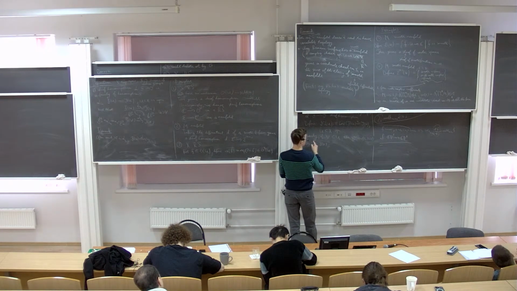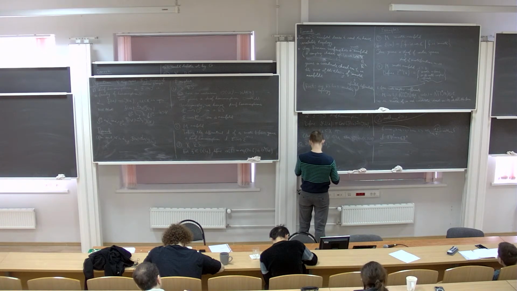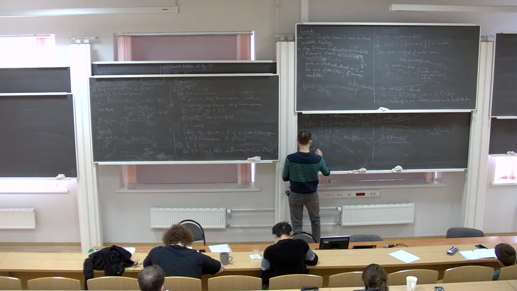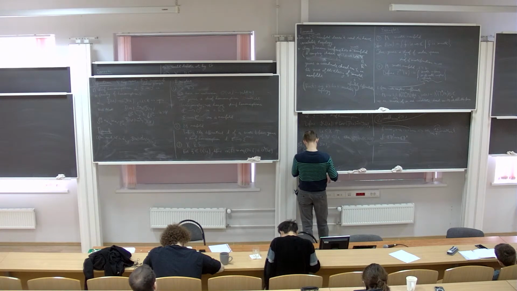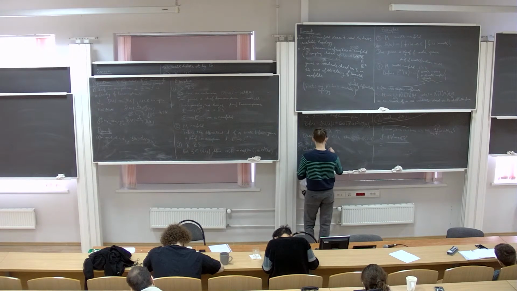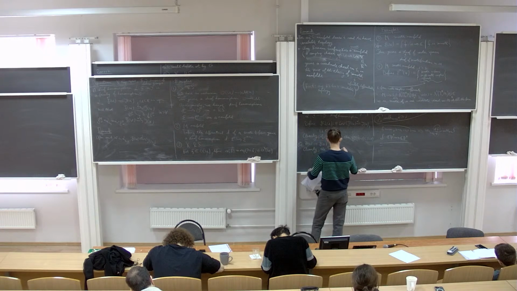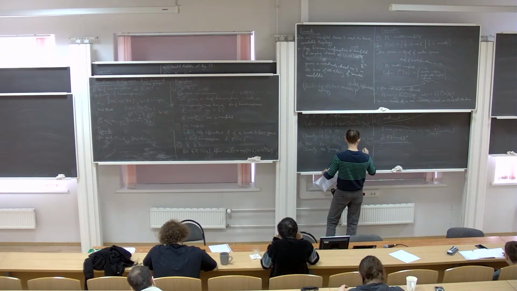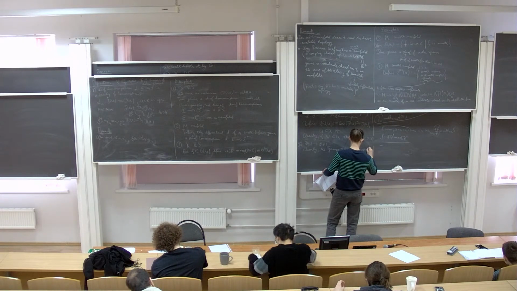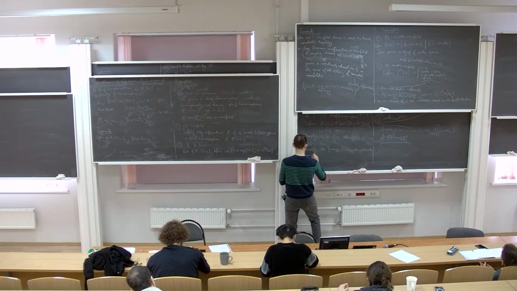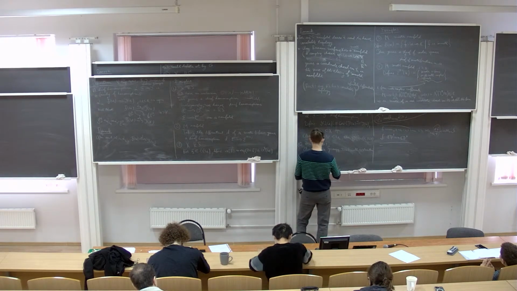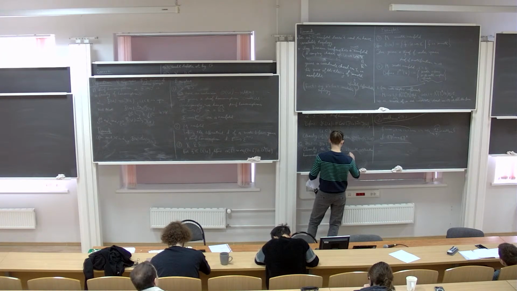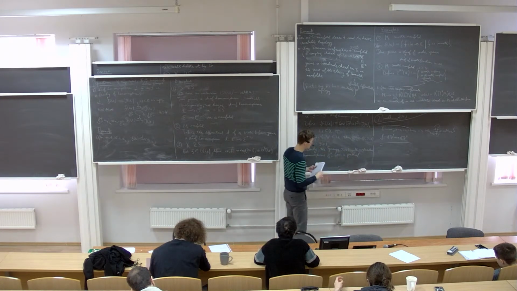So clearly this defines a pre-sheaf. The groups K(U) with restriction homomorphisms rho U V form a pre-sheaf.